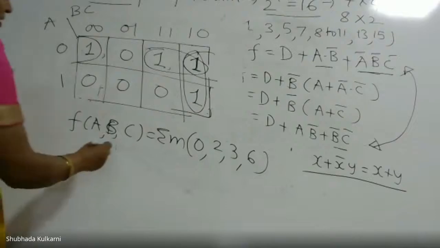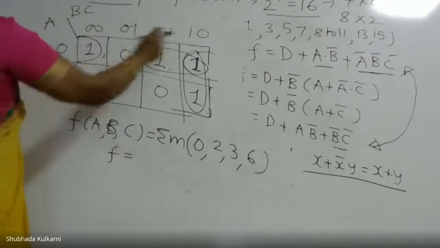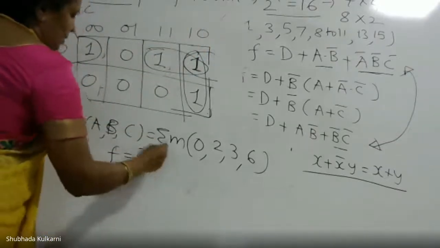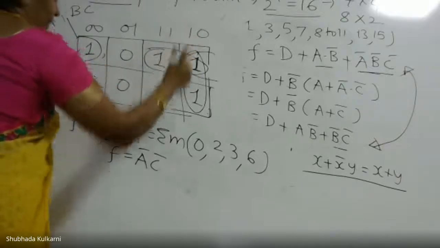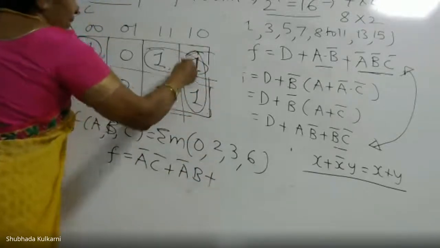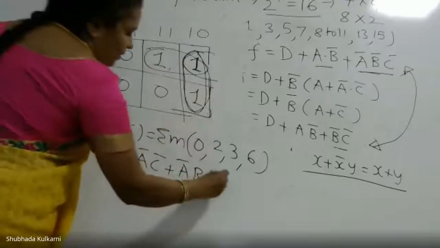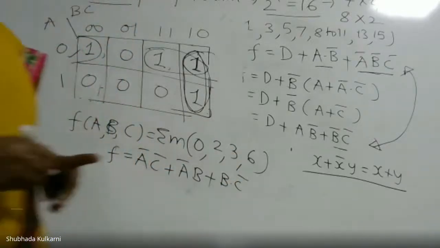The expression for this will be: A is 0, and from here to here C is 0, so A bar C bar for this pair. For this pair, A bar B. And for this vertical pair, A is changing, what is constant is B, C bar. Pair elements eliminate one variable. So this is the expression.